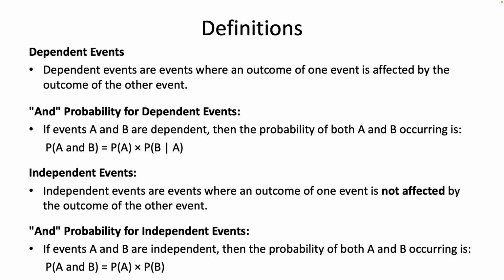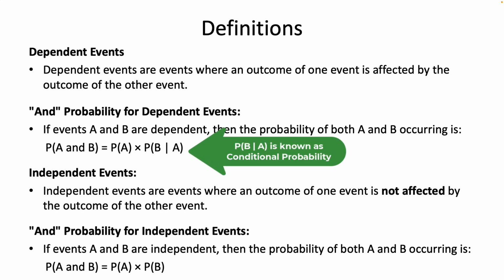So the AND rule, or the multiplication rule, for the probability of dependent events says that if events A and B are dependent, then the probability of both A and B occurring is the probability that event A occurs times the probability that event B occurs given that A has already occurred.